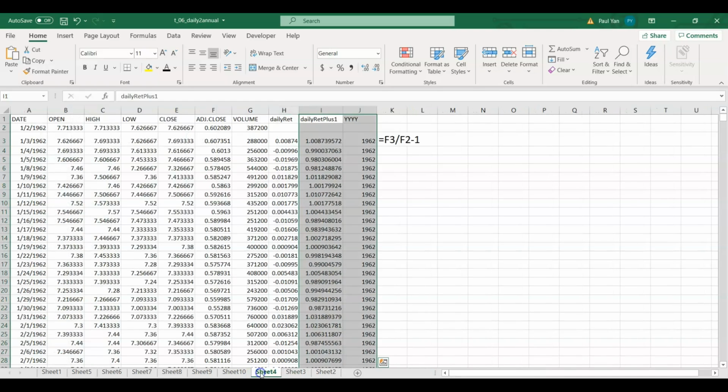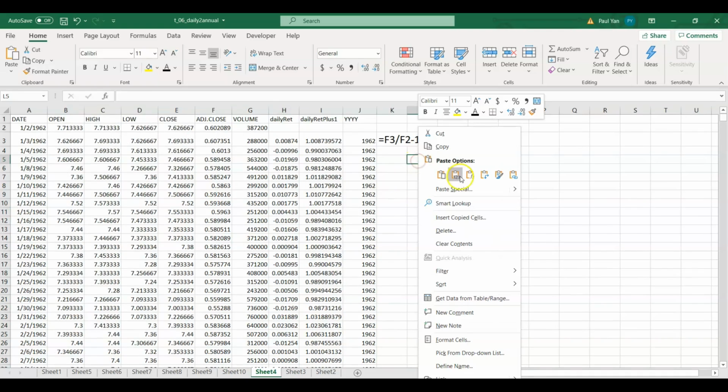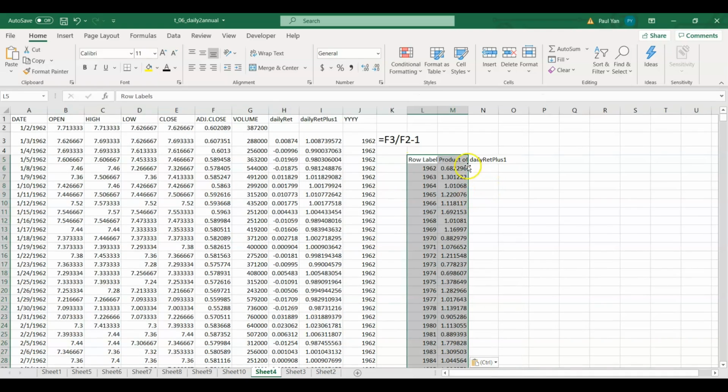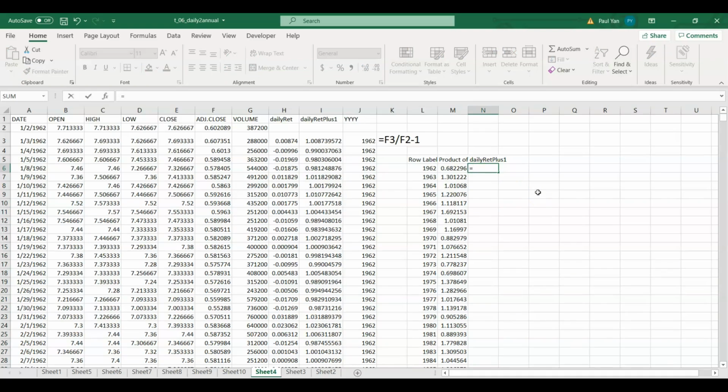Let's put it here and paste. So this is product of daily return, minus 1. So finally we have this value minus 1. So this is our return.